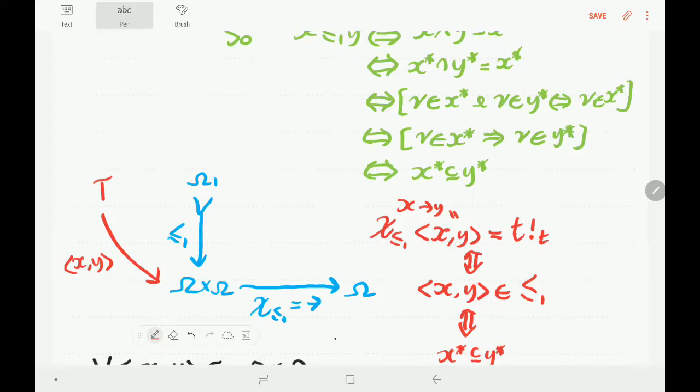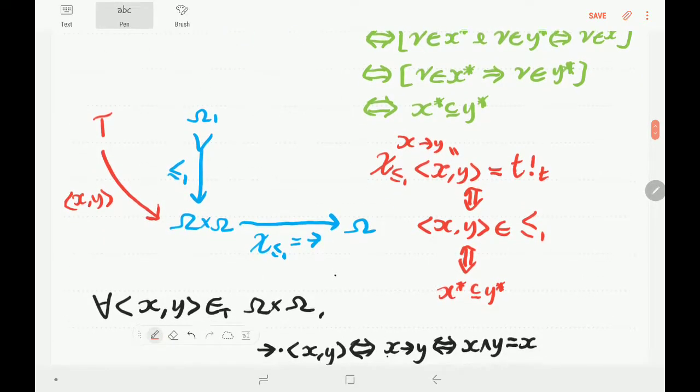And sometimes that's called the material conditional arrow. So it acts sort of like implies. Okay.